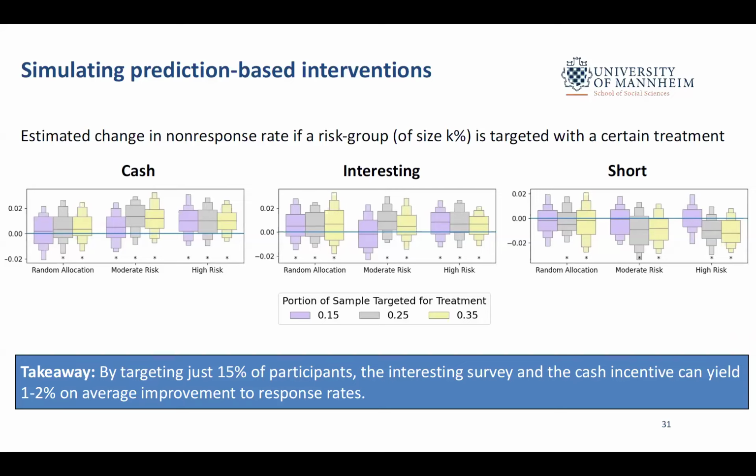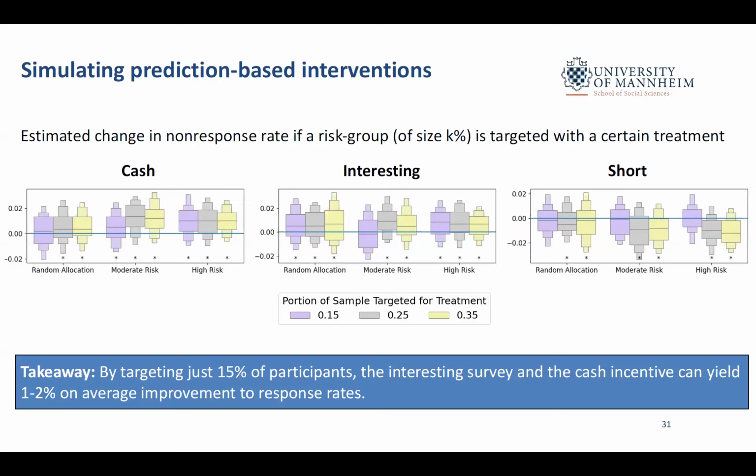That is because the y-axis here is how much did non-response rate improve? And what we mean by that is that a higher value on the y-axis means that non-response rate got lower as a result of our intervention. As a result of our use of adaptive design, we lowered the non-response rate by a certain percentage as described on the y-axis.